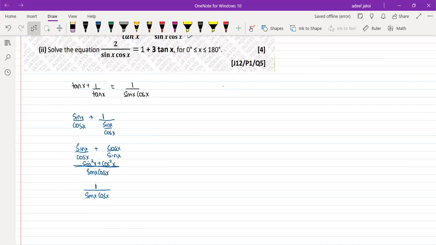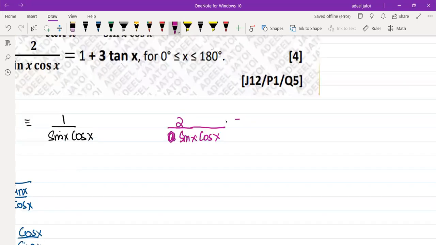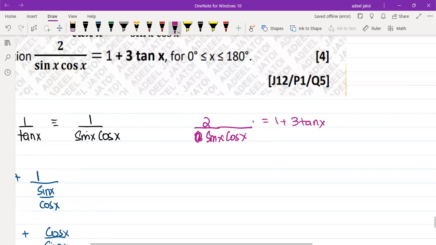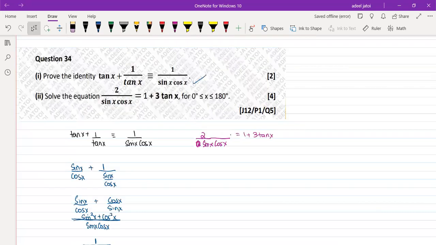Then part 2 says 2 upon sin x cos x is equal to 1 plus 3 tan x, right? So what we can do is solve this down.